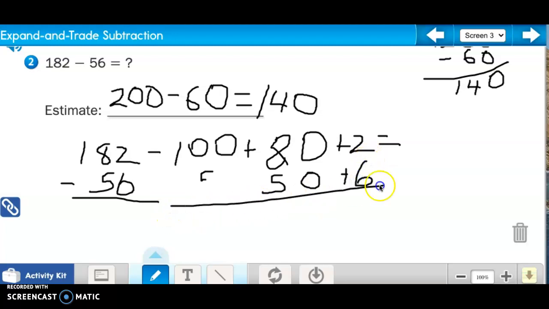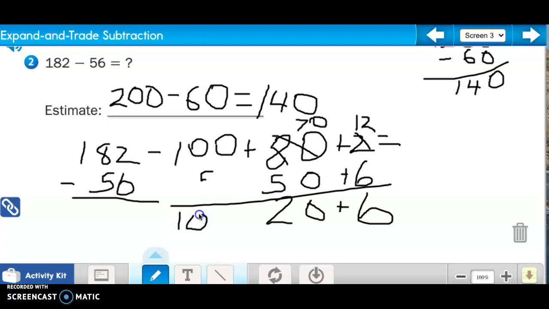Now we're going to subtract. If you have 2 pieces of candy, you can't give me 6. So we're going to go over here and borrow from the 80. It's going to become a 70. And we're going to bring that 10 over here, and that's going to become a 12. So 12 minus 6 is 6. 70 minus 50 is like 7 minus 5 is 2 plus a 0. And then we're going to just bring down the 100 right here.